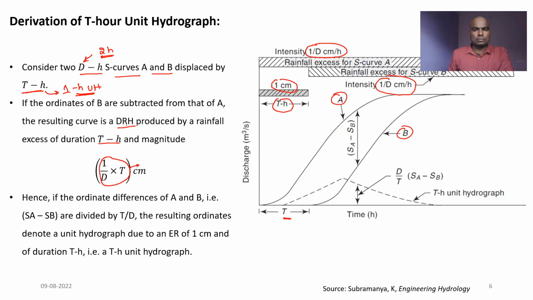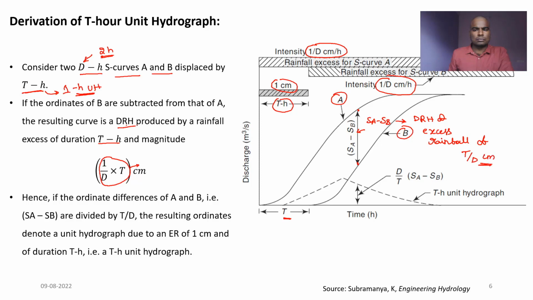So if we deduct the ordinates at this point and at this point, the difference SA minus SB is nothing but a DRH of excess rainfall of T by D centimeters.